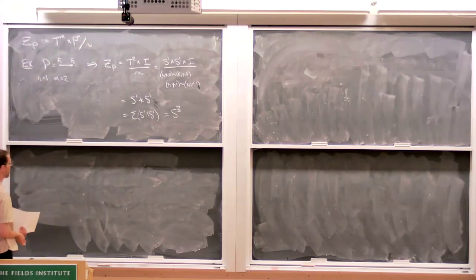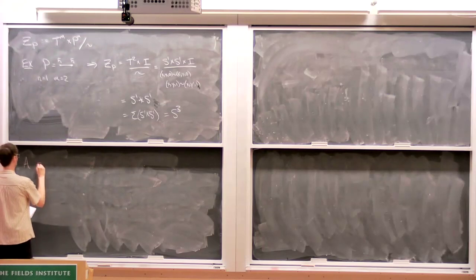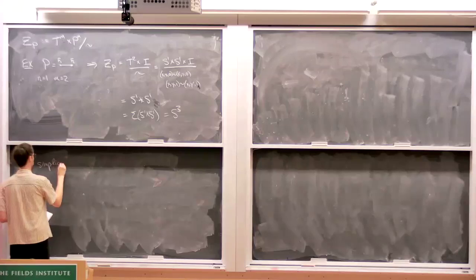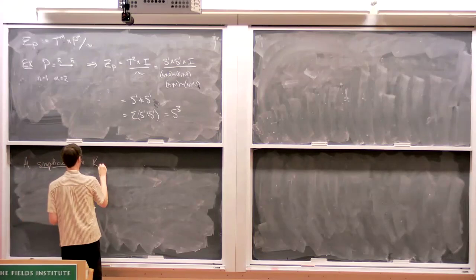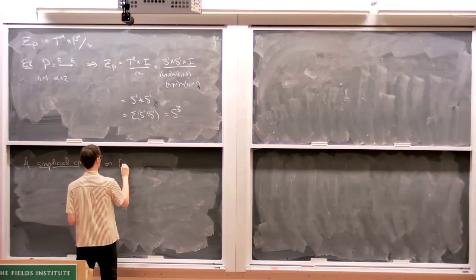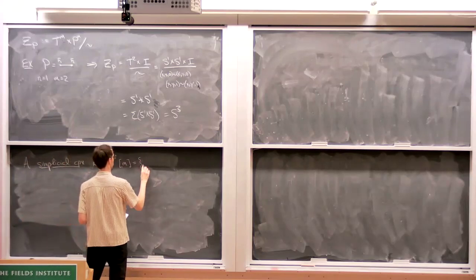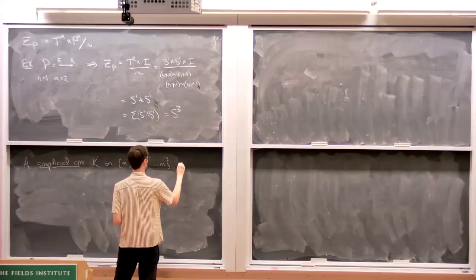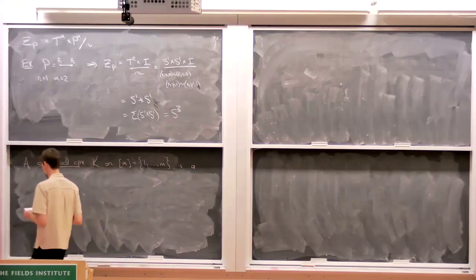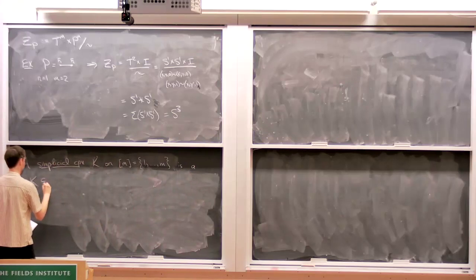So I'll now start telling you how Buchstaber and Panov reimagined these definitions using polyhedral products. Now the combinatorial input will change a little bit and become more general. So recall, an abstract simplicial complex K on the vertex set M, which I'll always just write like this, is just a set of sets, okay?